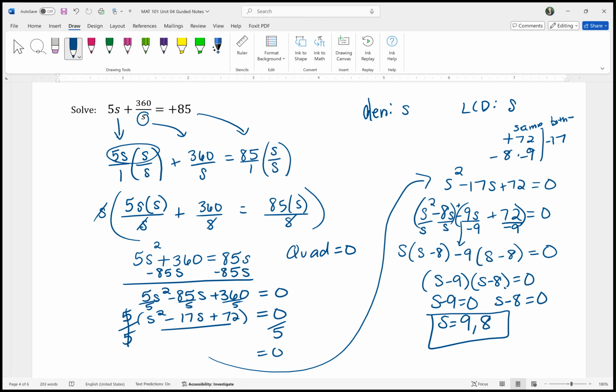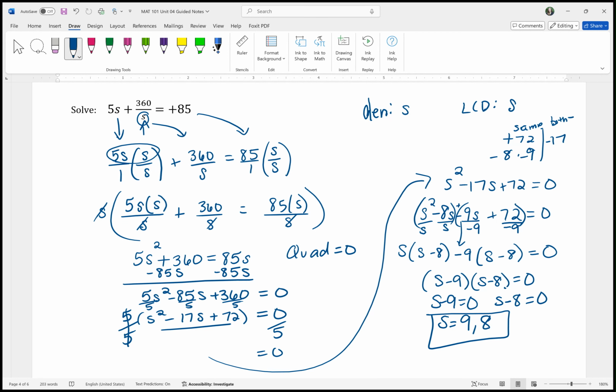What do I mean? Remember that in math, you cannot divide by 0. And since we have a variable in the denominator, in this case just S, if S was equal 0, this whole thing would be undefined. So it would not work. You could not use that as an answer.